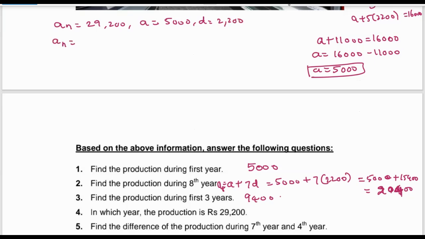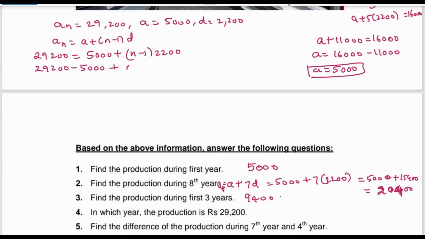AN will be A plus n minus 1 into D. So 29,200 equals 5,000 plus n minus 1 into 2,200. If you subtract, it will come to 24,200 equals n minus 1 into 2,200.